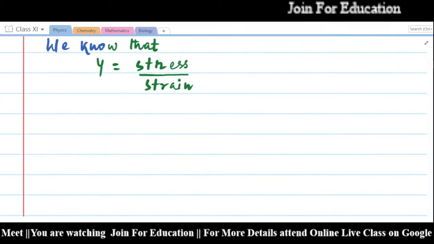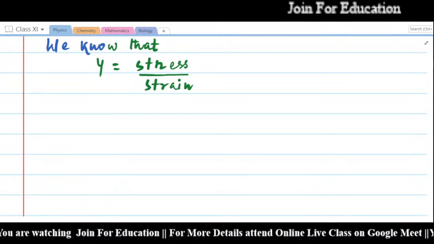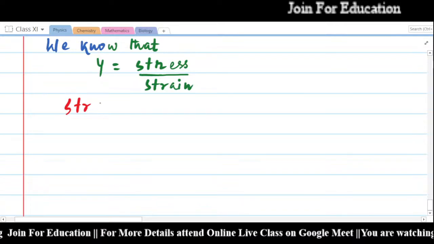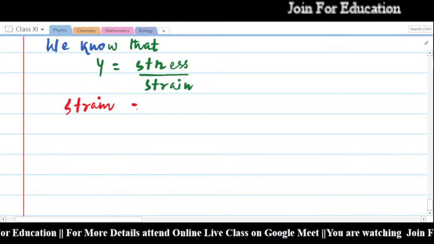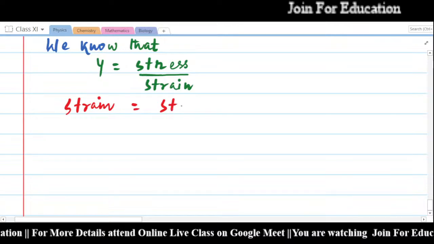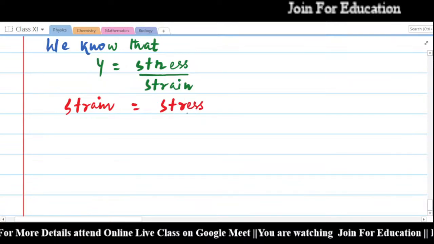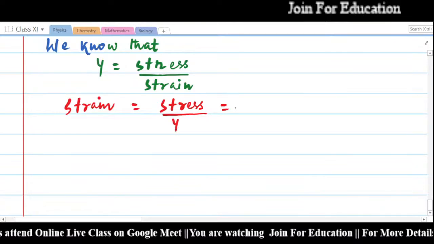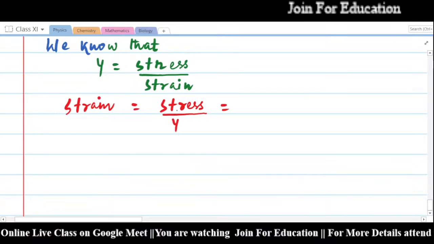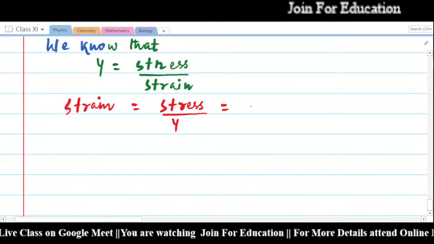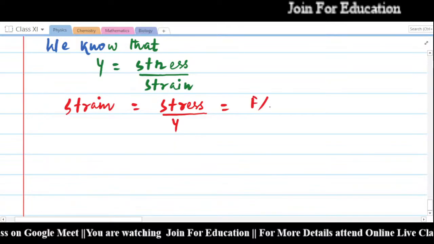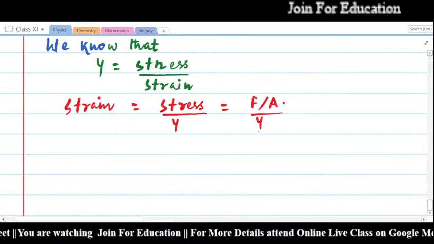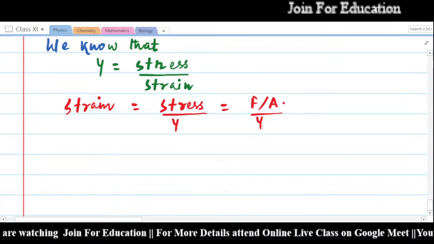So here strain equal to stress by Young modulus. So we recall the numerical formula of stress, which is F by A, and we write down here Young modulus.